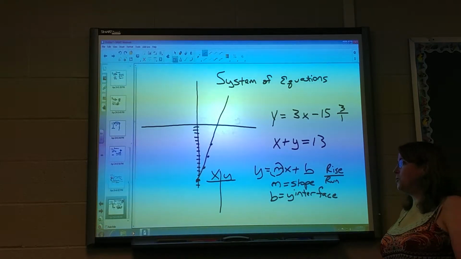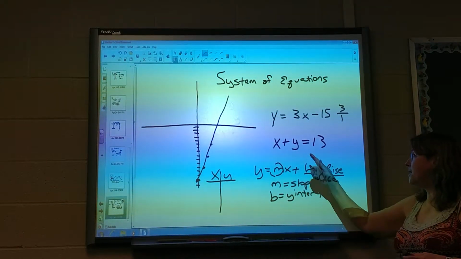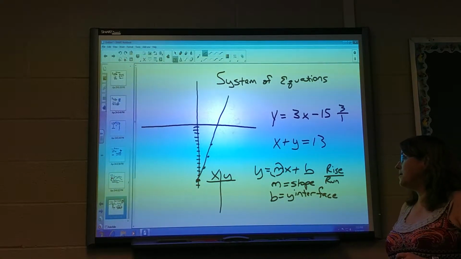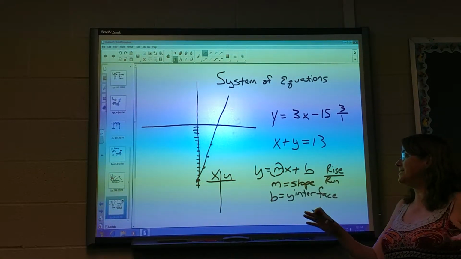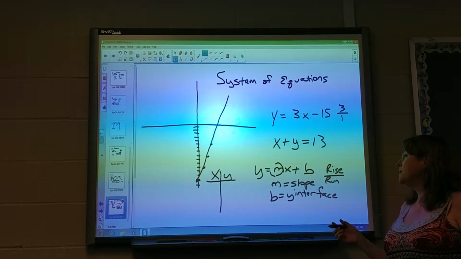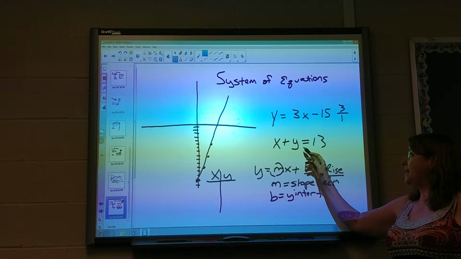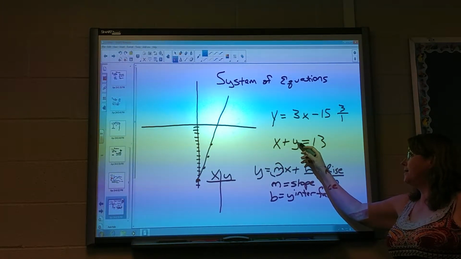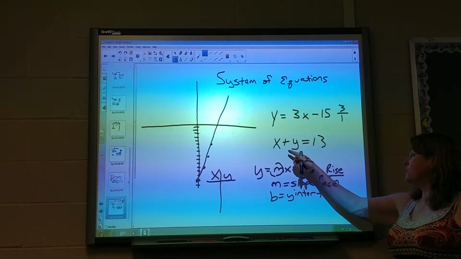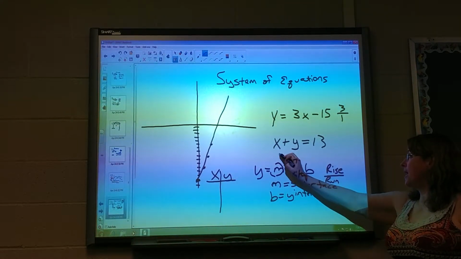I can also plot by plugging in some numbers and solving for the missing number. But since both of them are on one side, I'm going to need to solve it for something. I can solve it for y. I want to get rid of x, just like any equation, so I'm going to subtract x from both sides.